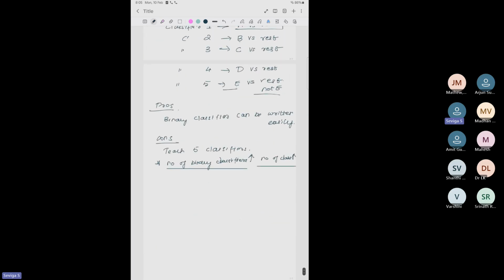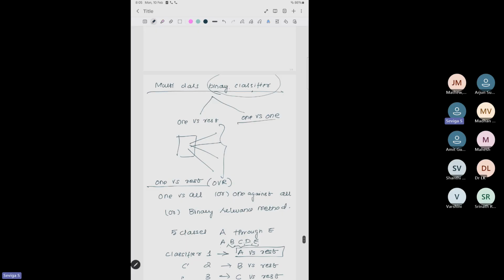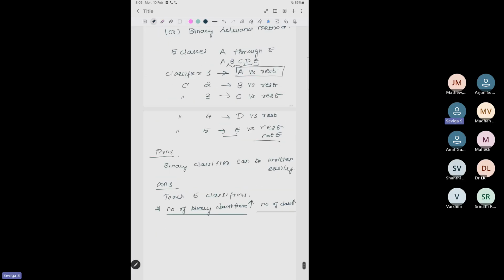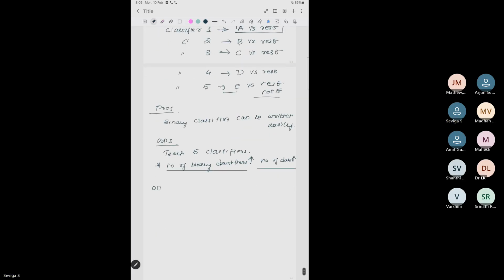Next, we will see the other approach, which is one versus one. This is the second approach. One versus one is also used to perform a binary classifier for multi-class optimization. Here we will need many more binary classifiers compared to one versus rest.